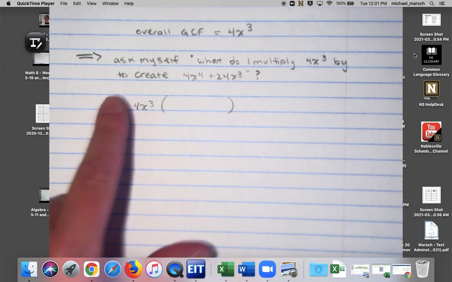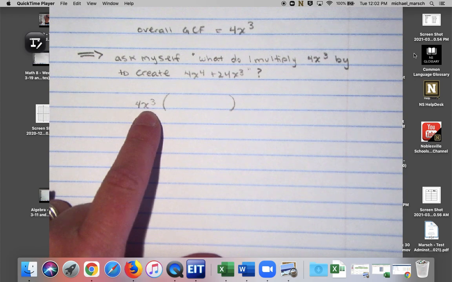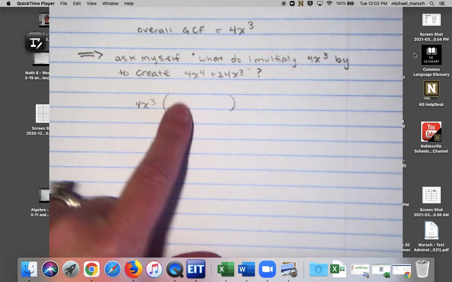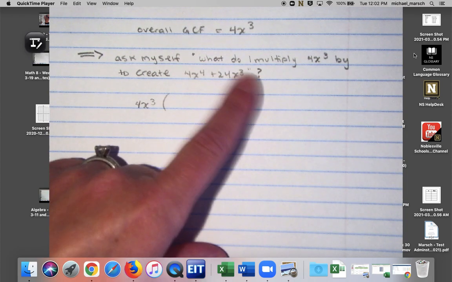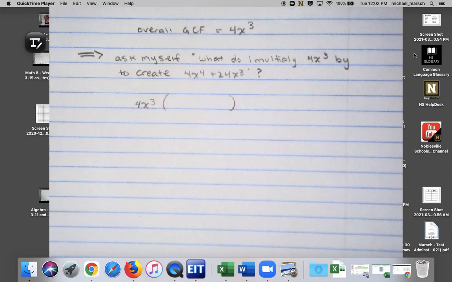So we've got our greatest common factor on the outside here of our parentheses. And we know we're going to multiply this times a quantity to create 4x to the fourth plus 24x to the third. So what do I have to multiply 4x to the third by to make 4x to the fourth?